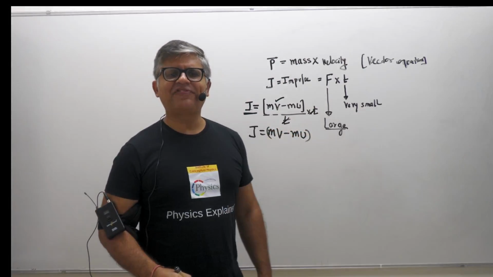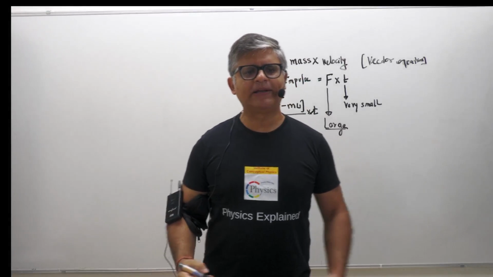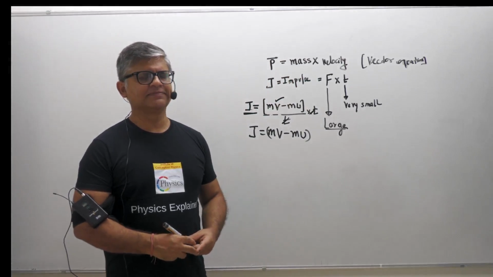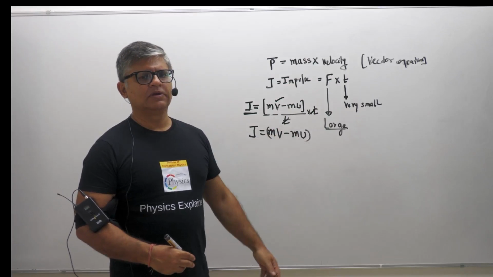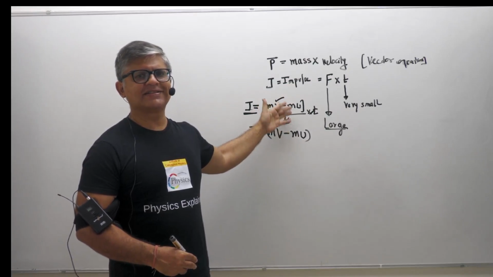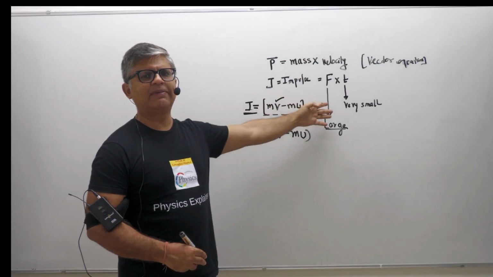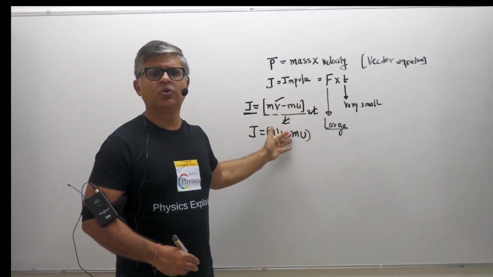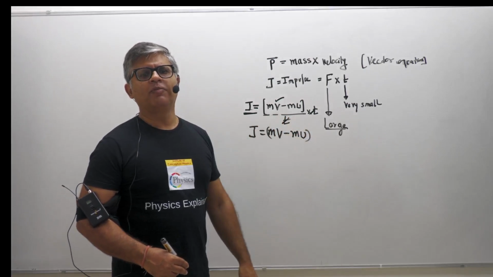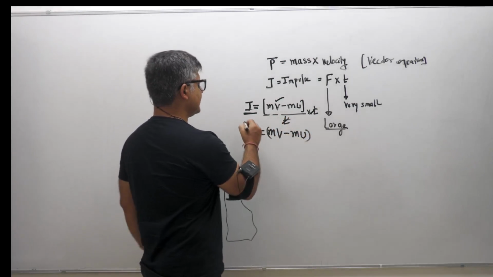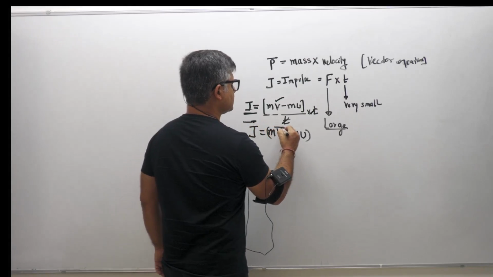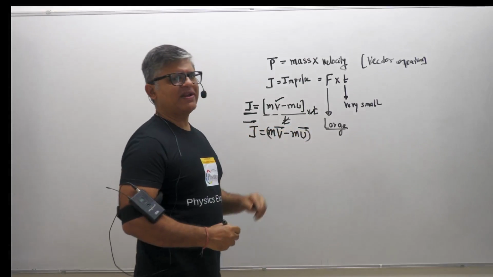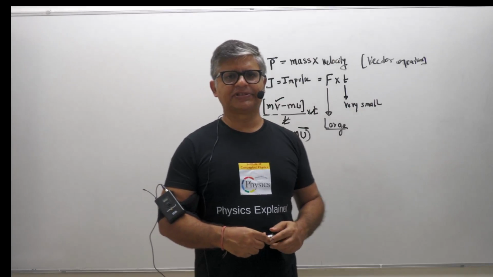The impulse, in fact, is the change in momentum. You can see the equation. Force, as explained by Newton's second law, multiplied by time, time cancels. You get impulse is equal to change in momentum. Again, this is a vector quantity, so be very careful about the directions.